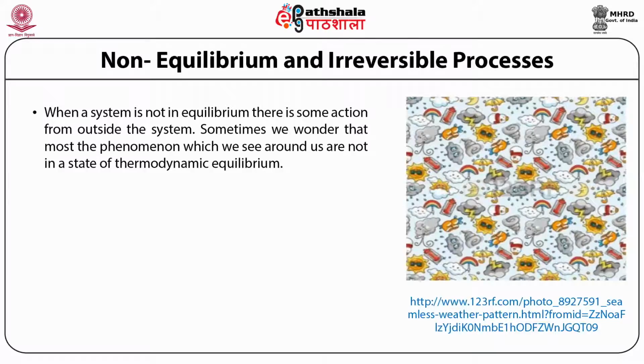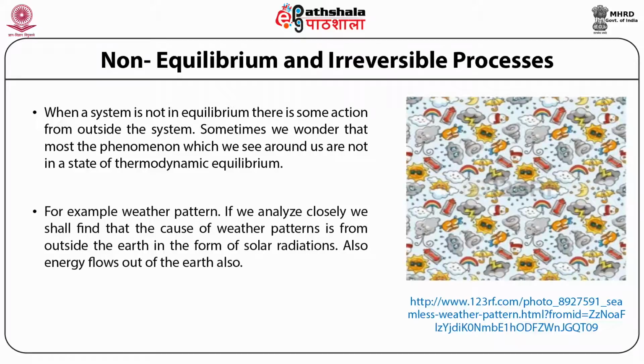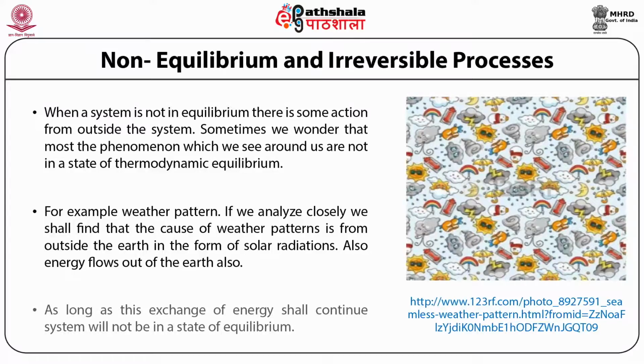Sometimes we wonder that most of the phenomena which we see around us are not in a state of thermodynamic equilibrium, for example, weather patterns. If we analyze closely, we shall find that the cause of weather patterns is from outside the earth in the form of solar radiation. Also, energy flows out of the earth. As long as this exchange of energy continues, the system will not be in a state of equilibrium.